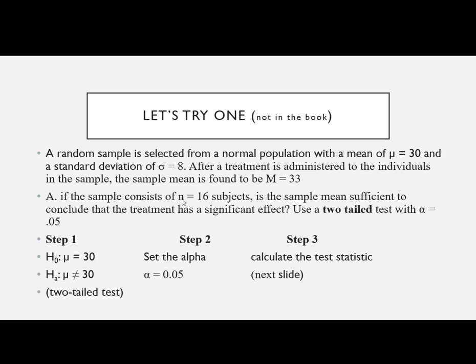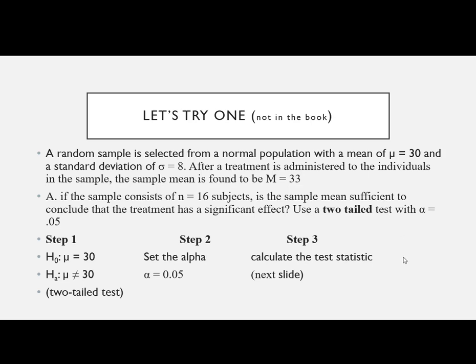The sample consists of n equals 16 subjects; we use n to denote the number of subjects. Is the sample mean sufficient to conclude that the treatment had a significant effect? Now I'm telling you to use a two-tailed test with an alpha of 0.05. It is very rare that we would use a one-tailed test, although it does happen.